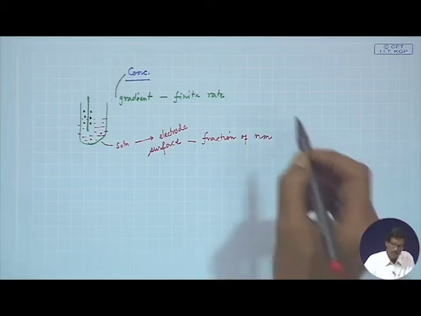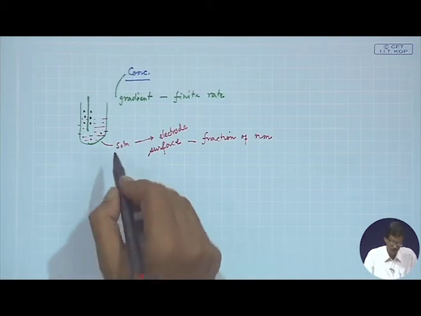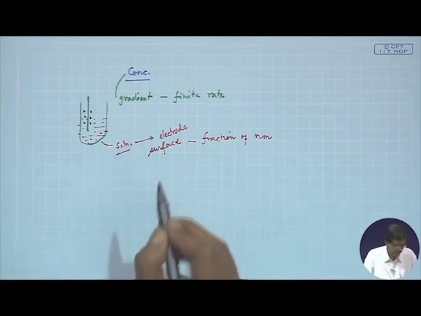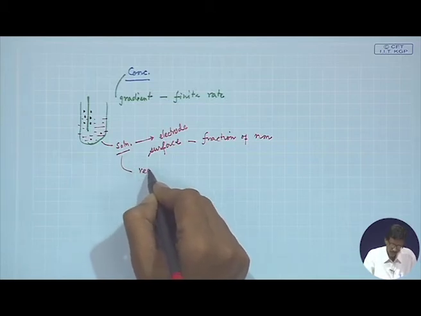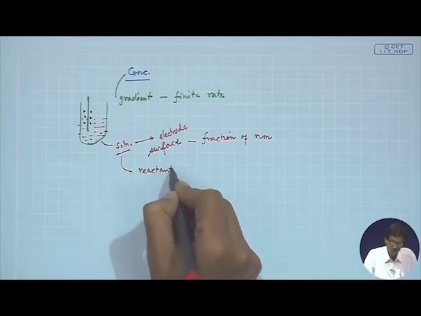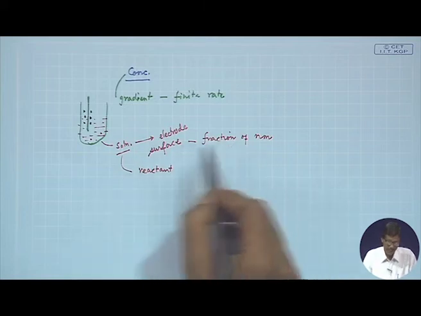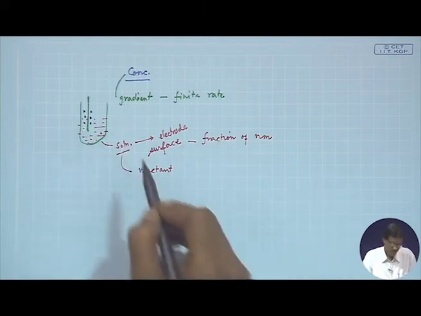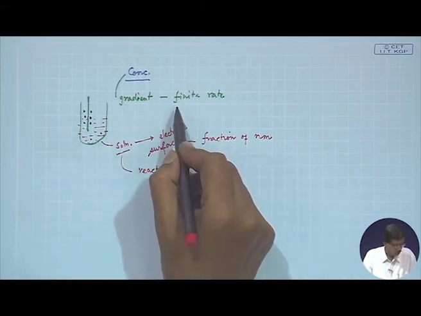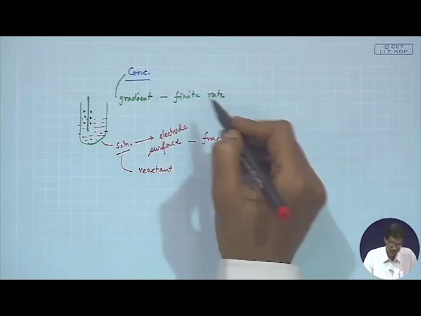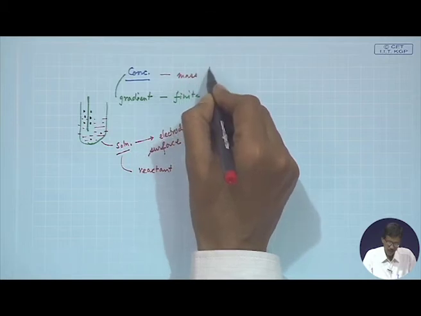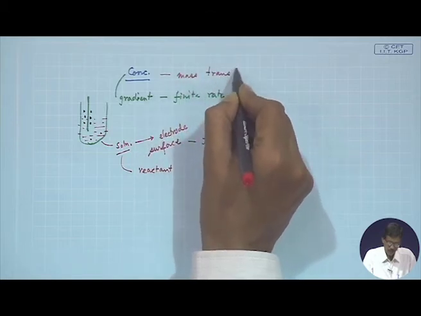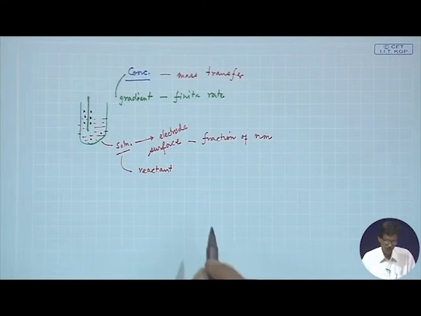And we are looking at how quickly the species, that means the analyte, the reactant, are reaching the electrode. That means mass is being transported, that means a concentration gradient is there. Therefore, we have to talk about the corresponding mass transfer.